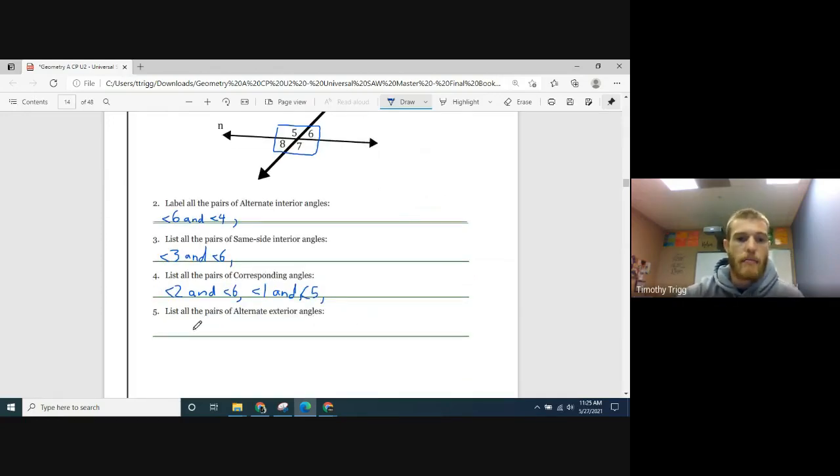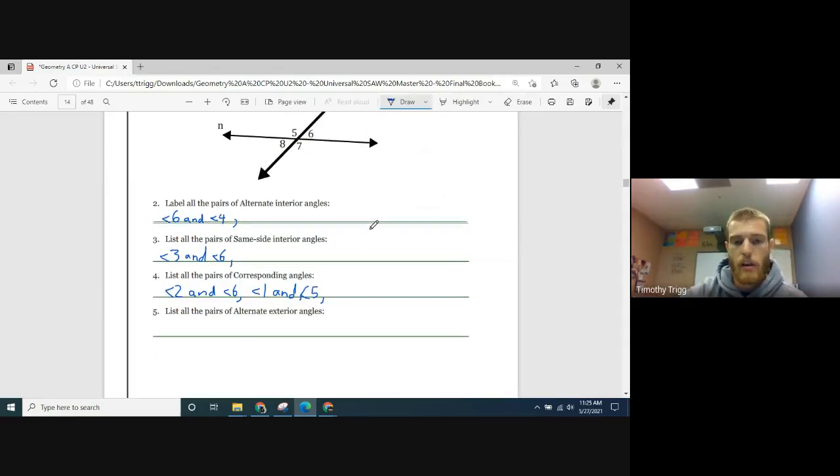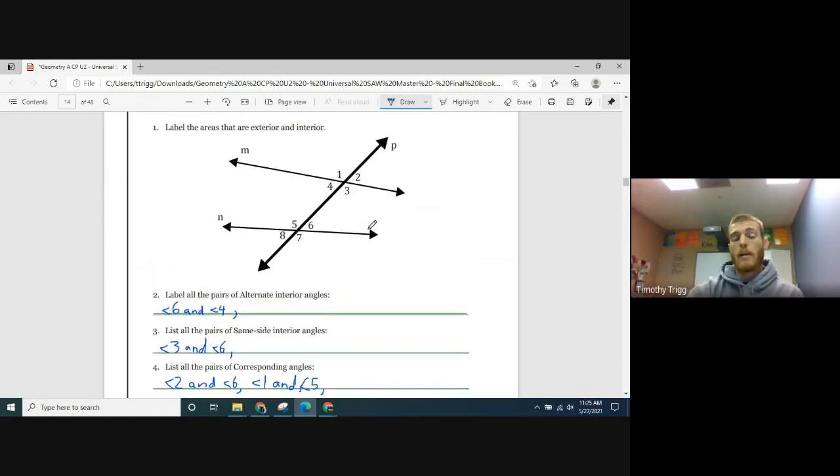Next, question 5. We're looking at alternate exterior angles. Here we're looking at exterior angles, on the outside. So we're looking at angles 1, 2, 7, and 8. What would be a pair of alternate exterior angles? Well, angle 8 with angle 2.